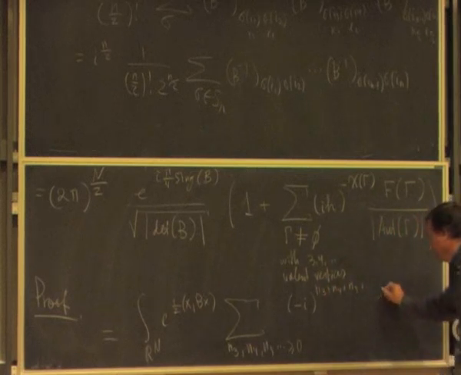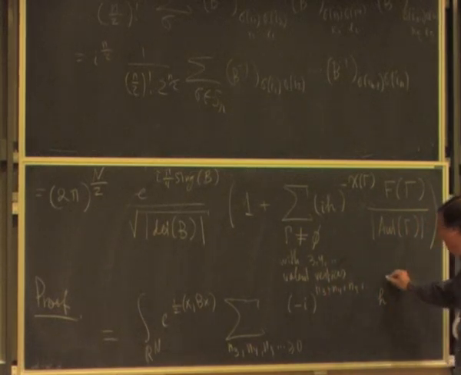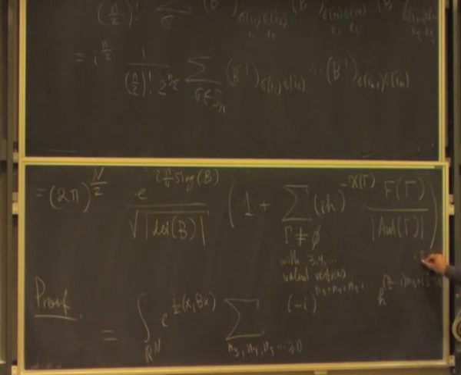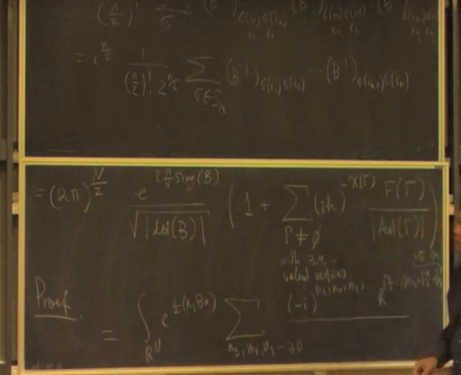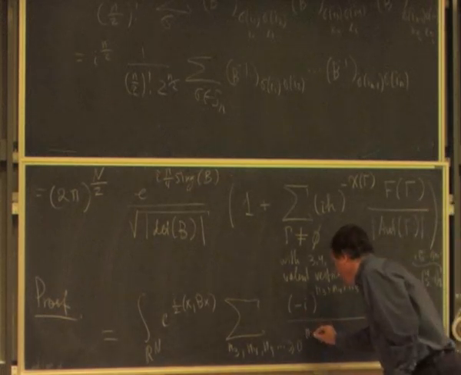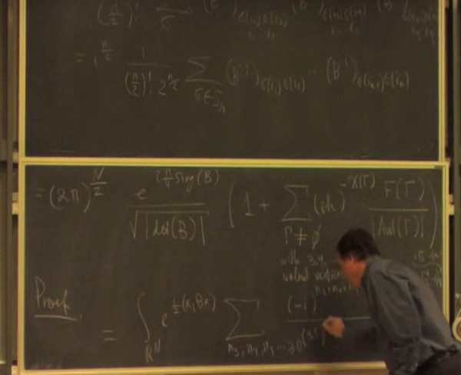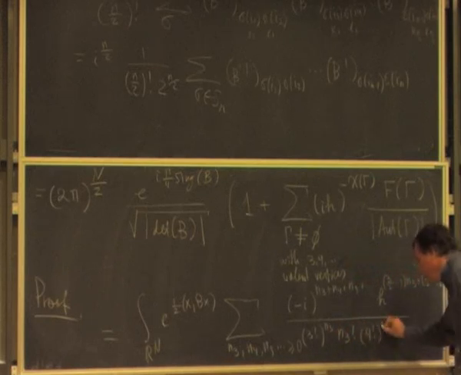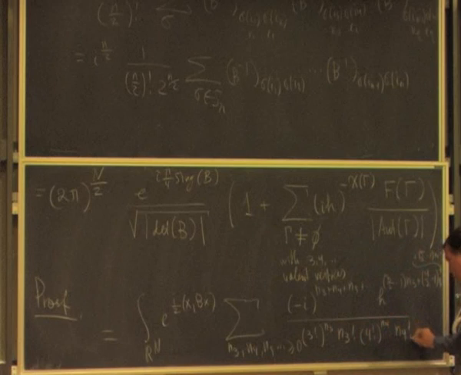Then h to the power (3 over 2 minus 1) n3 plus (4 over 2 minus 1) n4 plus (5 over 2 minus 1) n5 plus and so on, divided by 3 factorial to the power n3 times n3 factorial, 4 factorial to the power n4 times n4 factorial, and so on.